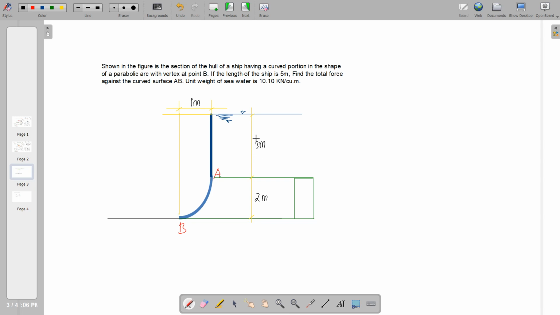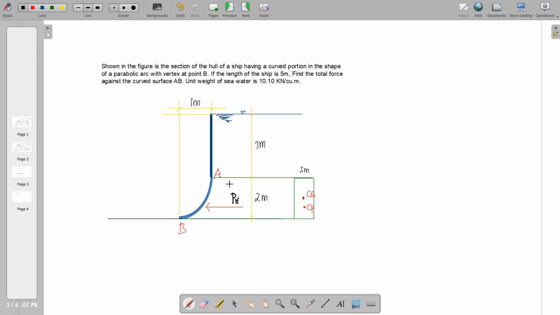So at any rate, we know that the width of our ship, or the length of the ship, is 5 meters. So therefore the base of this rectangle is 5 meters in dimension, and then we tag this as the center of gravity, and then the center of pressure where our PH is concentrated.